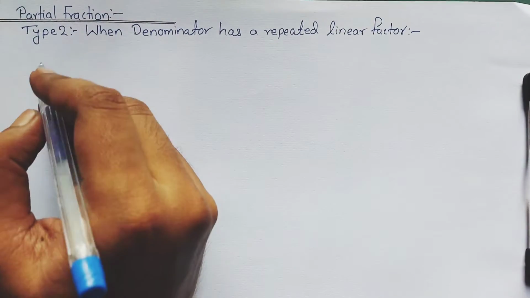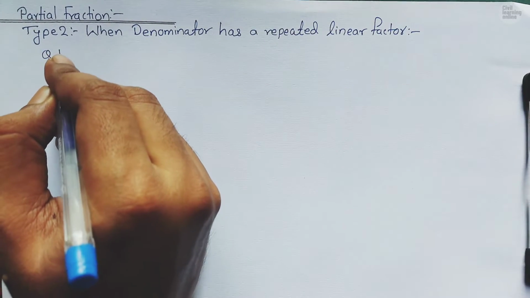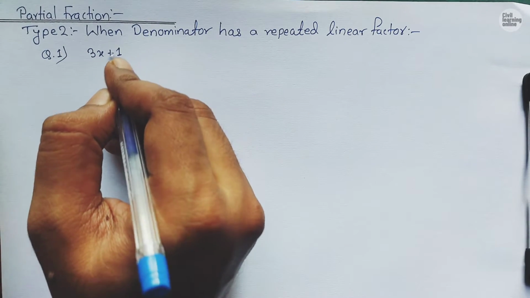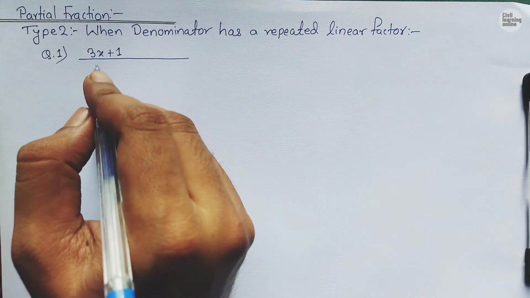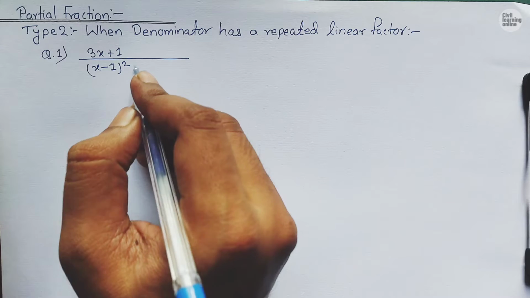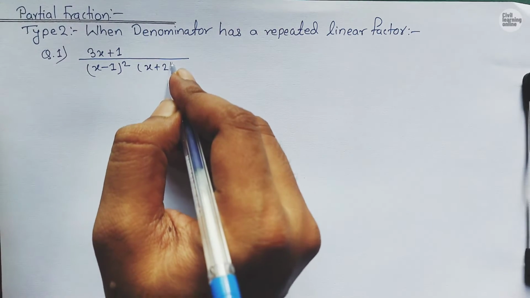So guys, let's solve our first question, question number 1, which is 3x plus 1 upon (x minus 1) whole square times (x plus 2).